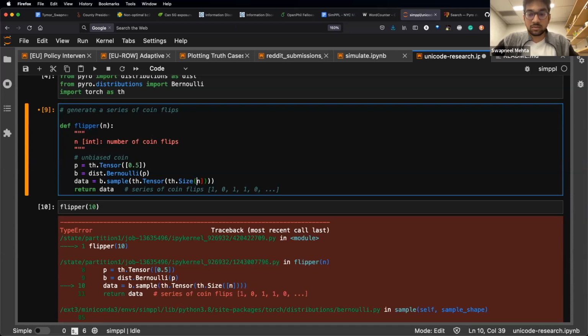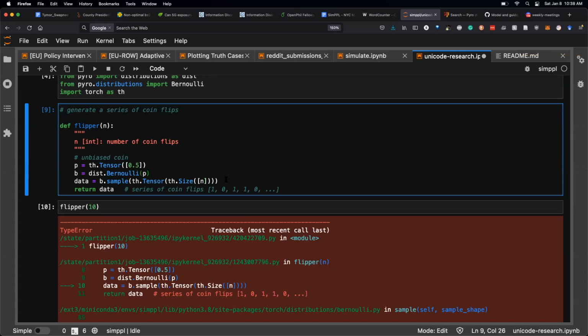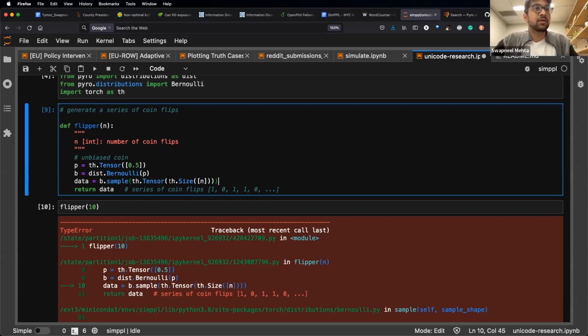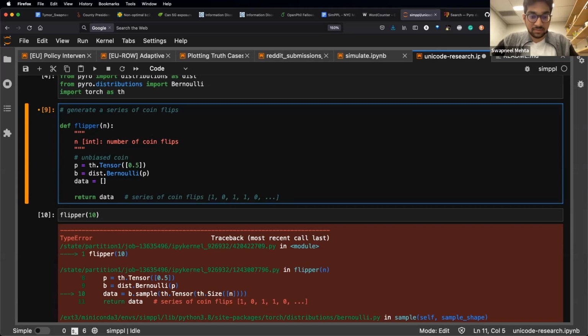Am I missing something? I think th.tensor converts it to float. I see. Yeah, you're right. Then the simple thing to do is let's define some sequential sampling here.